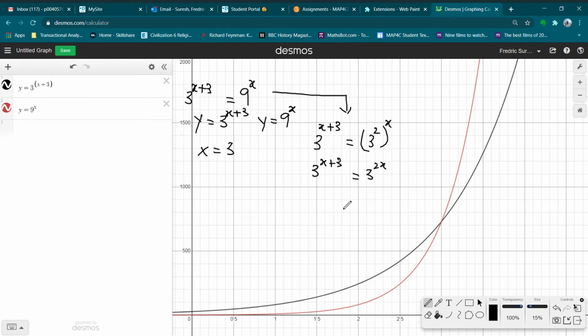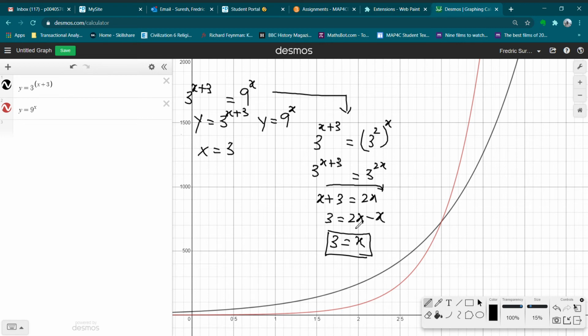And we know that when the bases are equal, the exponents must be equal, so x plus 3 is equal to 2x. Taking the x to the other side, I have 3 equals 2x minus x, or my final answer, x equals 3.